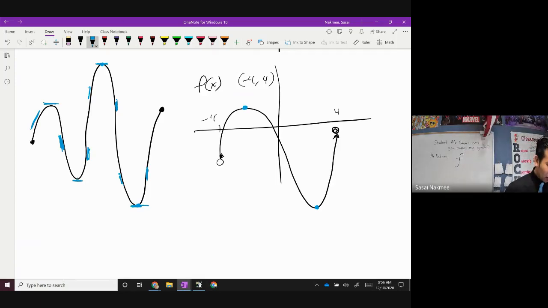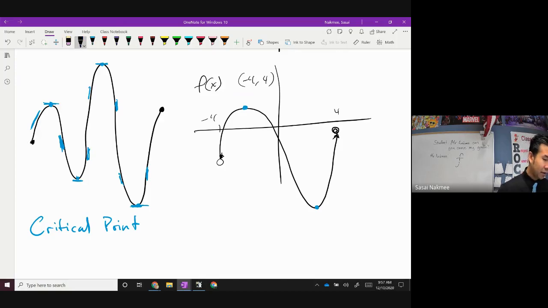They also have slopes equal to 0 that are potential maximums and minimums, right? You see that right here? This is a potential max, this is a potential min. We call those points critical points.